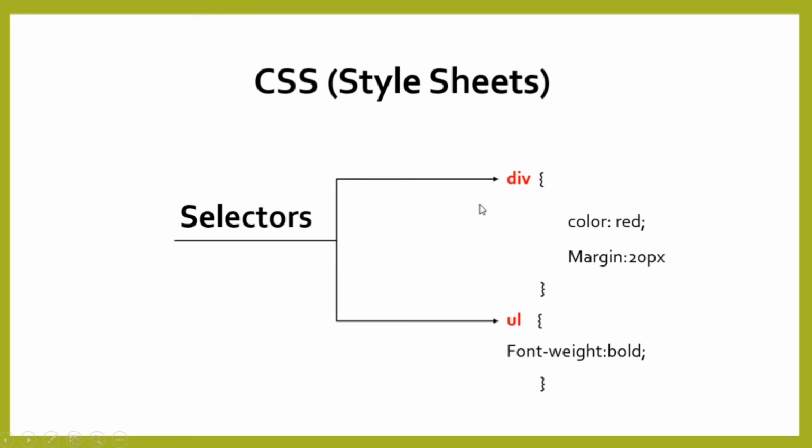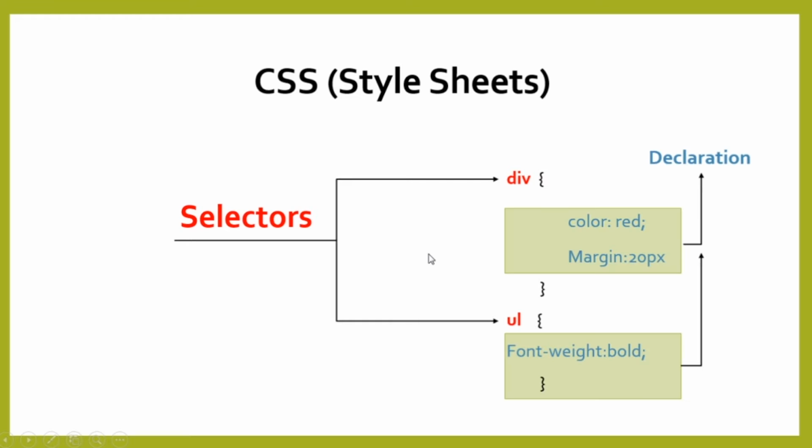In CSS, this div and ul is what we call selectors. Next, inside the selectors, we have what we call declarations. Inside the declarations, there is the property and the value.